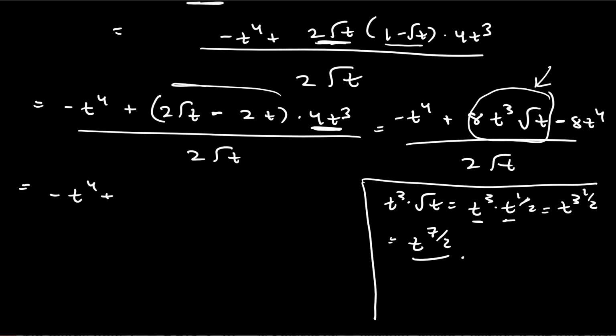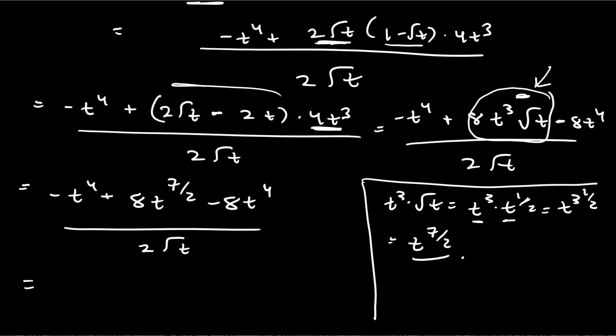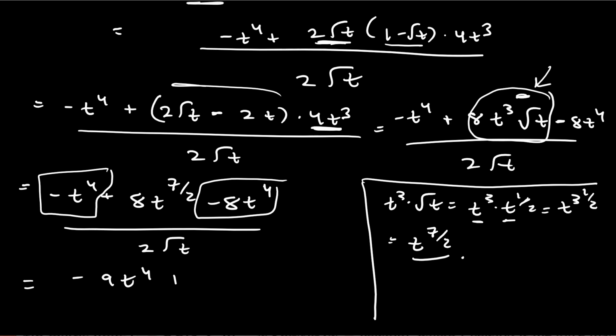So we're going to replace our middle term here by 8t to the 7/2 minus 8t to the 4th, all over 2 root t. We can gather terms, t to the 4th and minus 8t to the 4th, so that's going to be minus 9t to the 4th plus 8t to the 7/2, all over 2 root t.